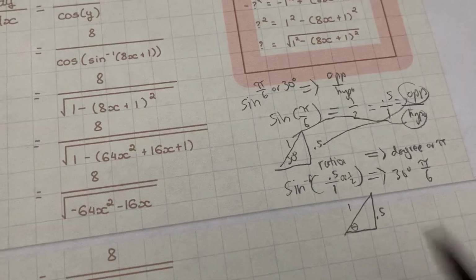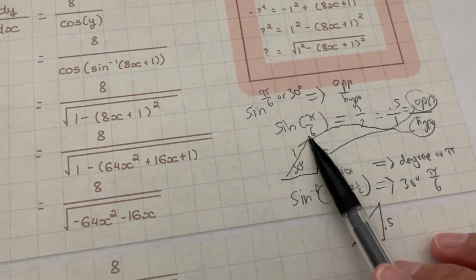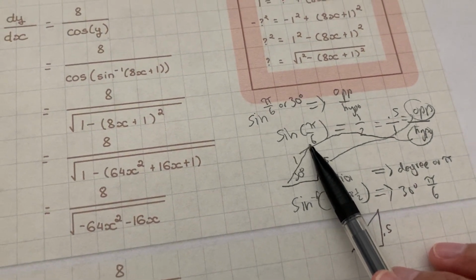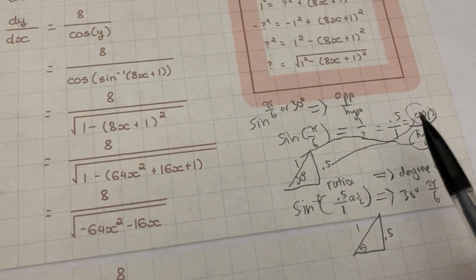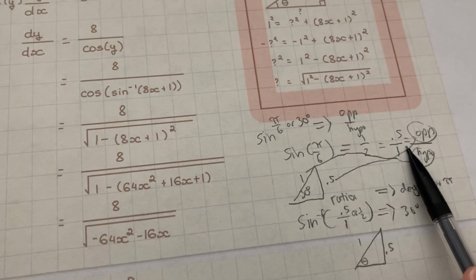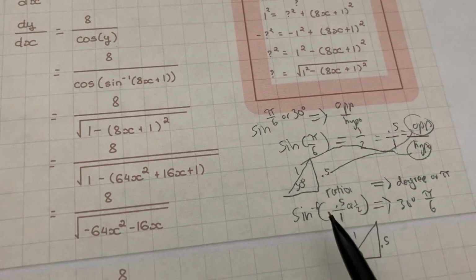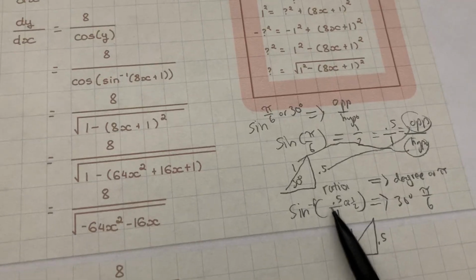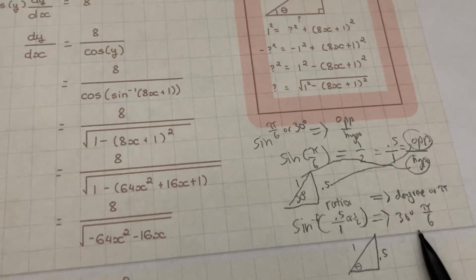So for sine, the input is the radian and the output is the ratio of the triangle. And for inverse sine, the input is the ratio of the triangle, and the output is the radian, or the degree.